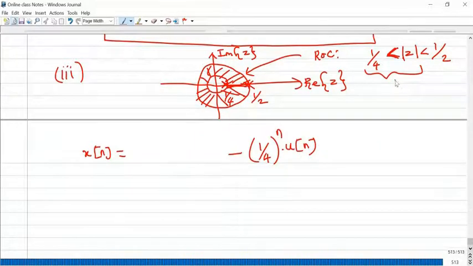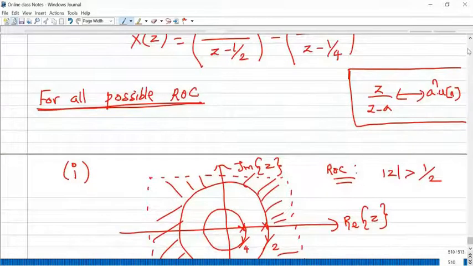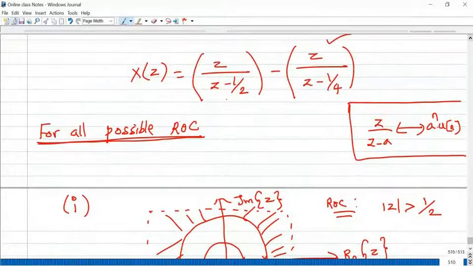Second case. Is Z less than 1 by 2? Is Z less than 1 by 2? Inside the circle. Where is the 1 by 2 term? First term. For this term, you have to write non-causal format.